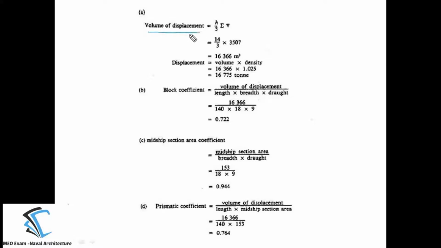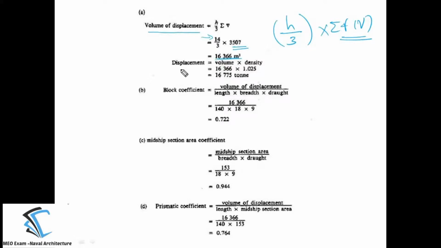So how to proceed for that? The formula is the Simpson's rule, h by 3 multiplied by the summation of function of volume, which we got from column number 3. We substitute that here. H we have already calculated: 14 divided by 3 into the function of volume. You will get the volume of displacement.